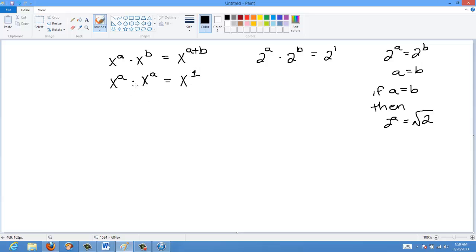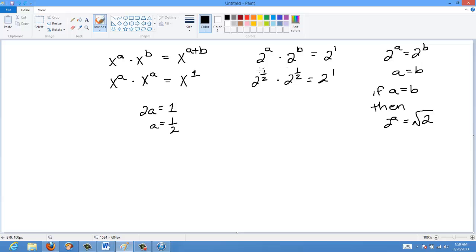Basically because all these bases are the same, I have this equation: 2a must be equal to a plus b must be equal to 1, and then a is equal to 1 half. Okay, and we can see that over here, so it must be 2 to the 1 half times 2 to the 1 half is equal to 2 to the 1. And the reason why is because 1 half plus 1 half would be equal to 1.